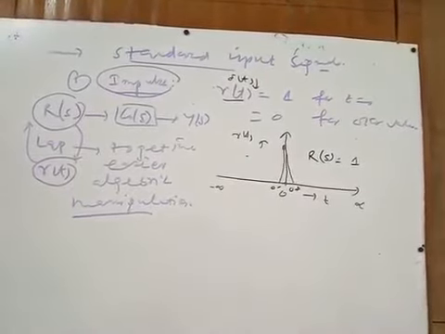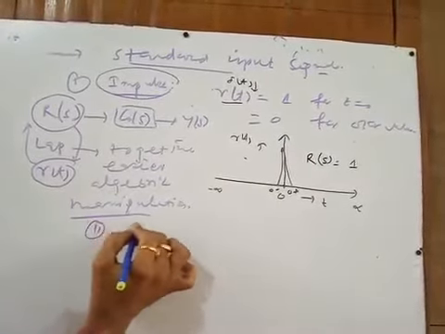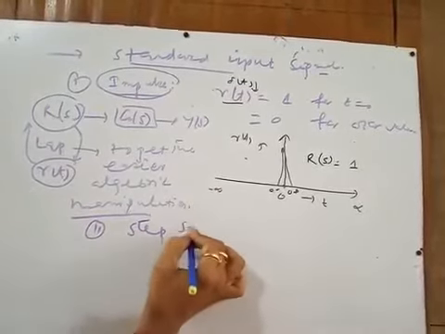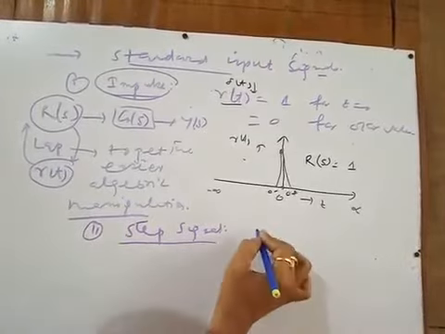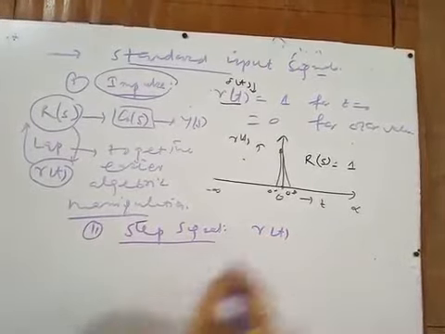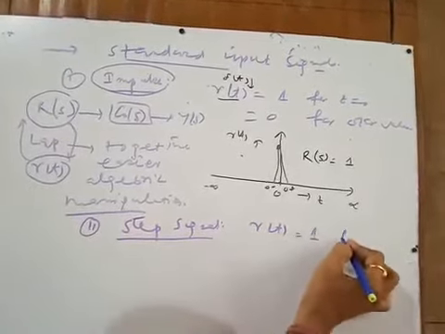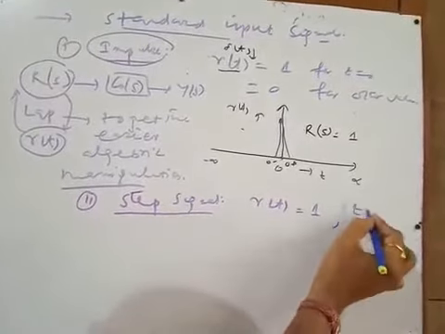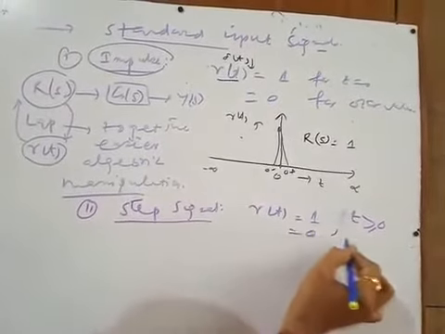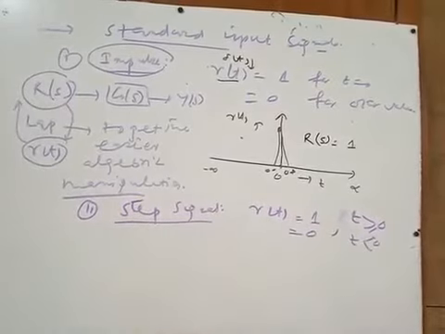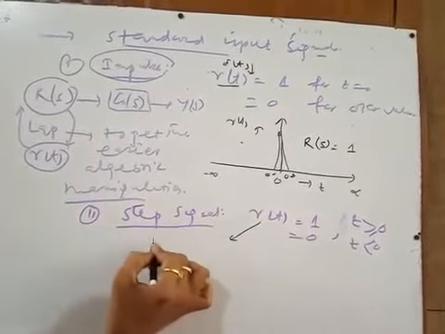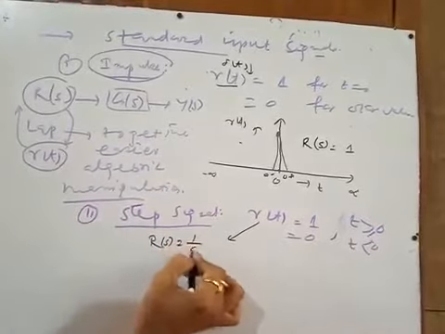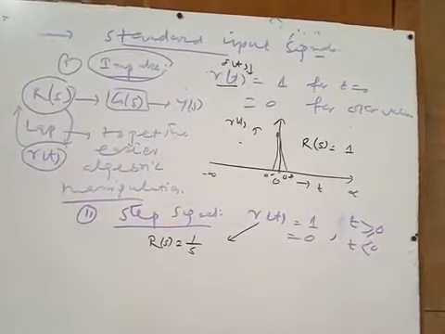Next part is your step signal. The mathematical form of step signal is r(t) equal to 1 for t greater than or equal to 0, 0 for t less than 0. So if you just take the Laplace transform of it, you get R(s) is equal to 1 by s, right?